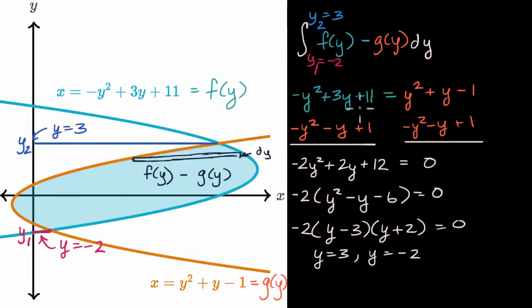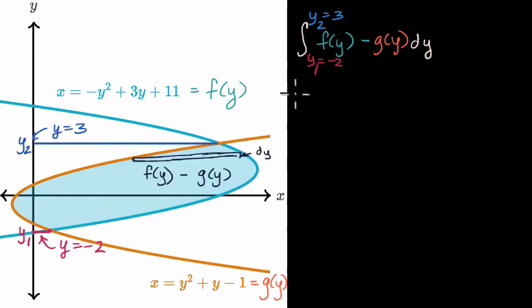So now we just have to evaluate this from negative 2 all the way until 3. So let's do that. I'm going to clear this out so I get a little bit of real estate. So this is equal to the integral from negative 2 to 3 of negative y squared plus 3y plus 11 minus all of this stuff. So if we just distribute a negative sign here, it's minus y squared minus y plus 1, and then we have a dy.